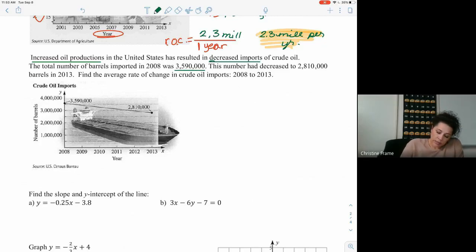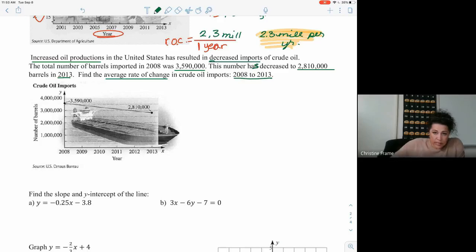This number has decreased to 2,810,000 barrels in 2013. Find the average rate of change. Okay, so again, we're looking for average rate of change in crude imports over the time period from 2008 to 2013. Okay, so let's take a look at the graph.